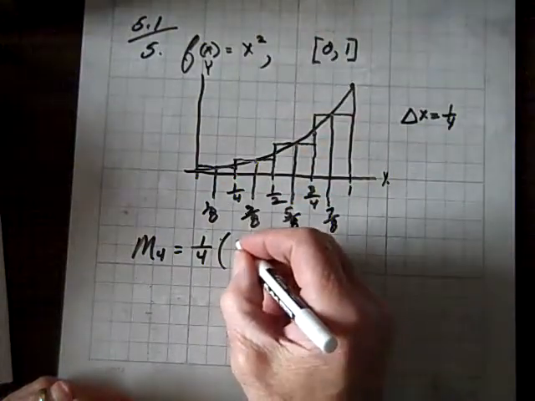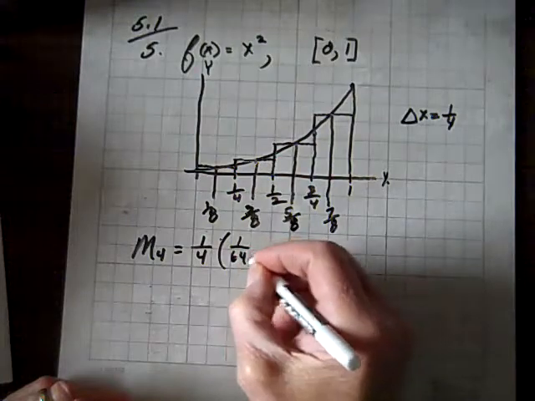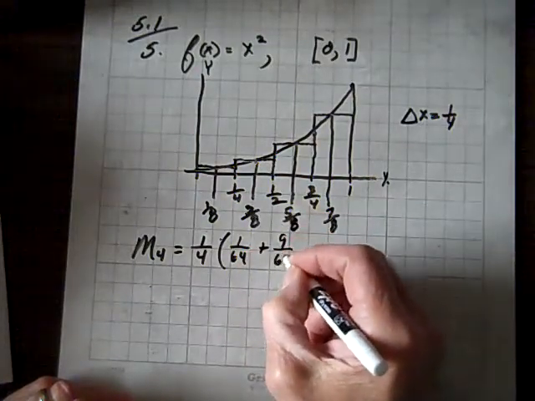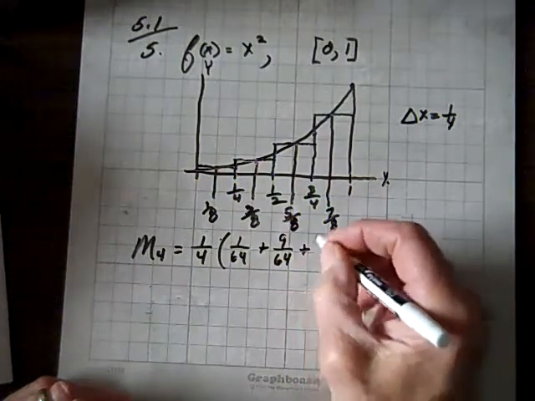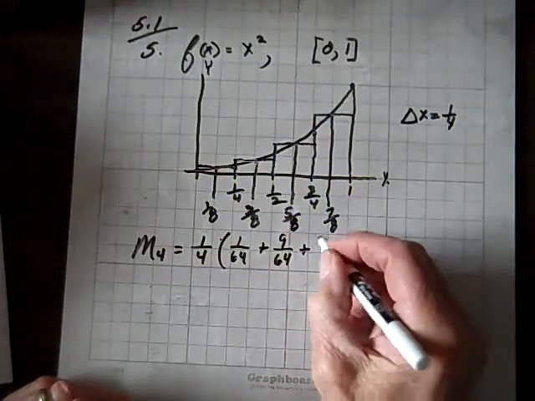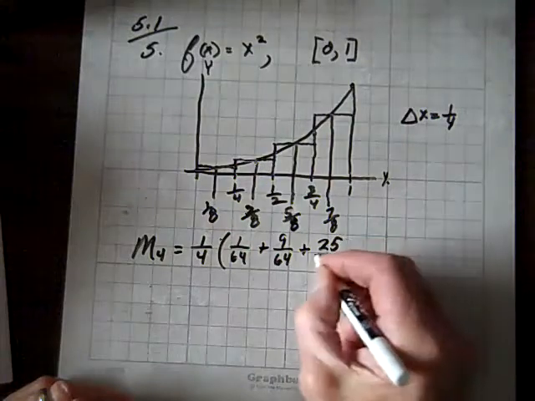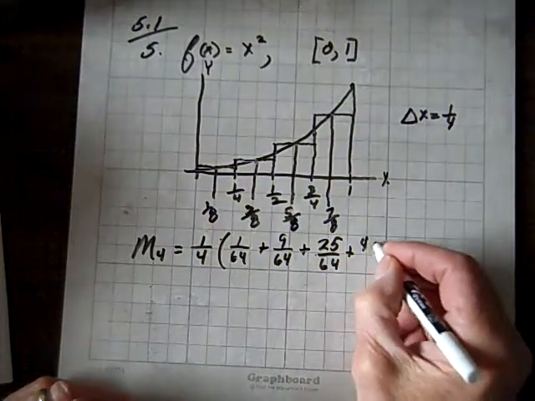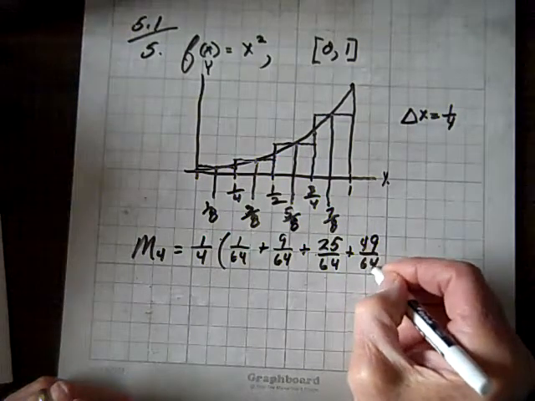So if we square 1/8, we get 1/64, plus, if we square 3/8, we get 9/64, plus, if we square 5/8, we get 25/64. And finally, squaring 7/8, we get 49/64.